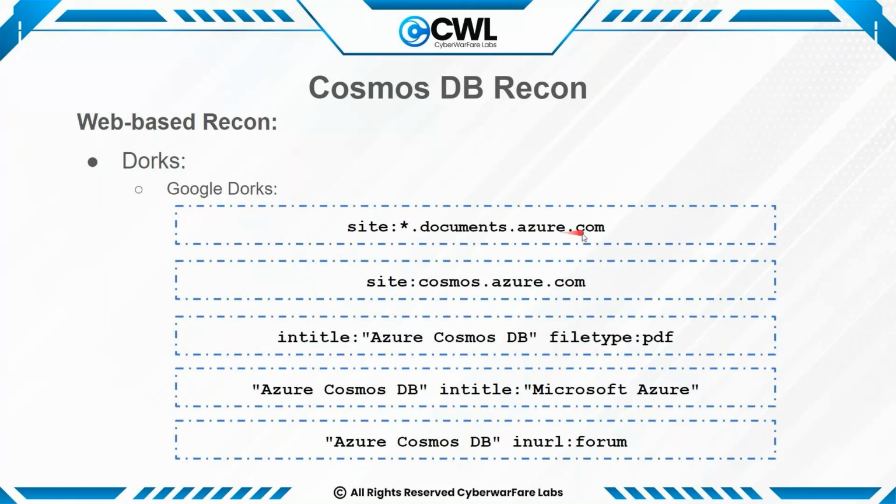Second, we are searching for cosmos.azure.com. Through the third dork, you can search for Azure Cosmos DB in the title, which has the file type as PDF. Yeah, let's move on further.